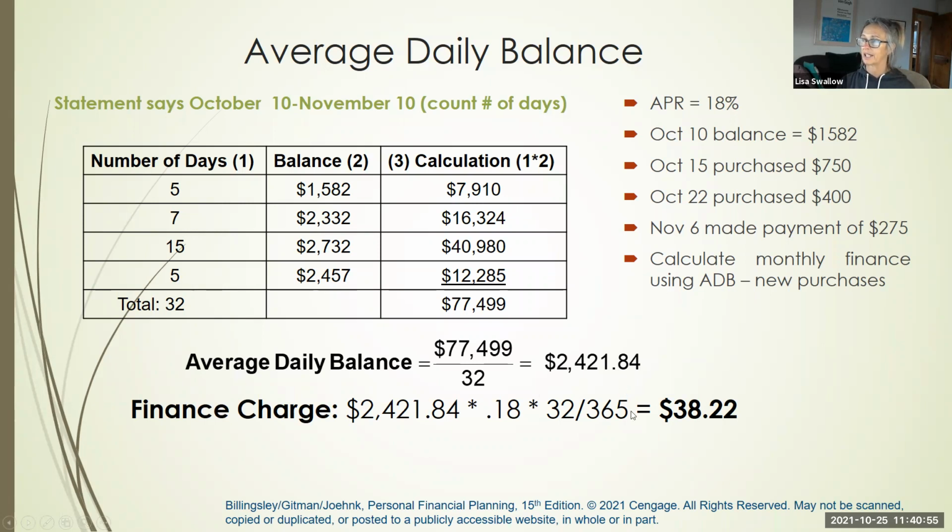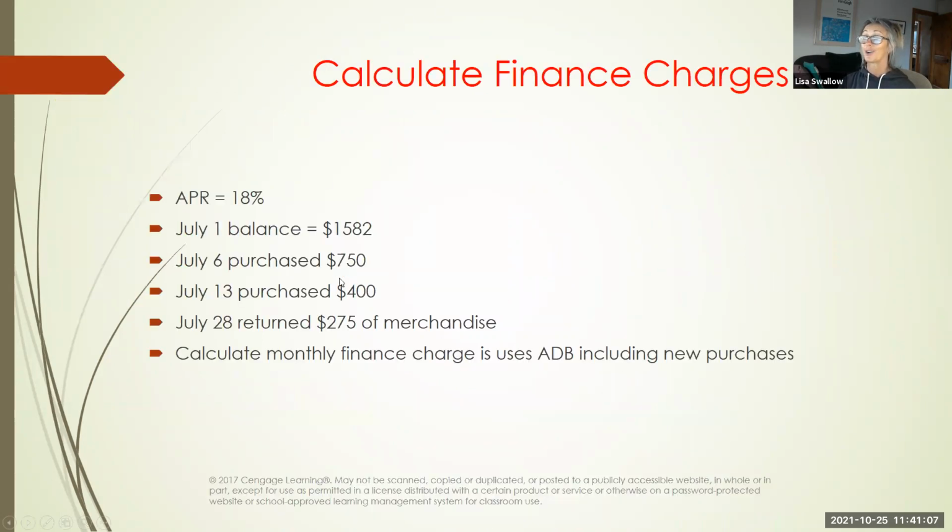And again, just calculating interest equals principal times rate times time. So this one would have been $38.22. And I'll actually go work this, and I'll just post it on Moodle what the answer is to that one. I don't think that this slide was supposed to be in here.